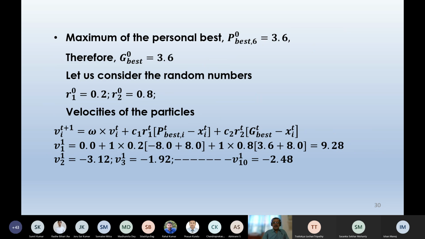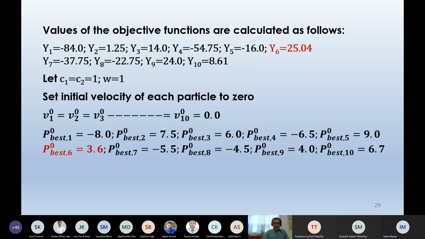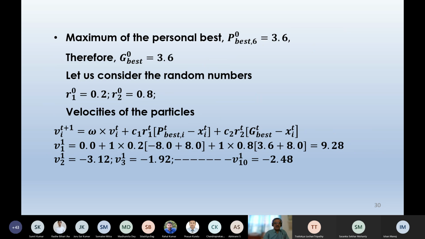Now the maximum of the personal best. What is the maximum of the personal best? If you remember, y6 was the highest, and its corresponding x is 3.6. So we are going to declare that the global best is 3.6.